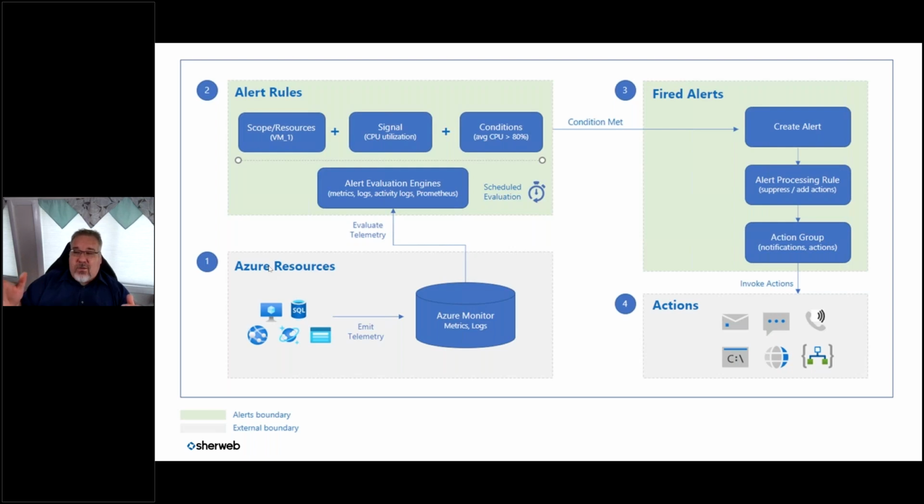So if my CPU utilization is greater than 80% and the condition has been met, then Azure will create an alert, and it's going to process to the rules that have been set up. And if the rules are met, then it will take action.